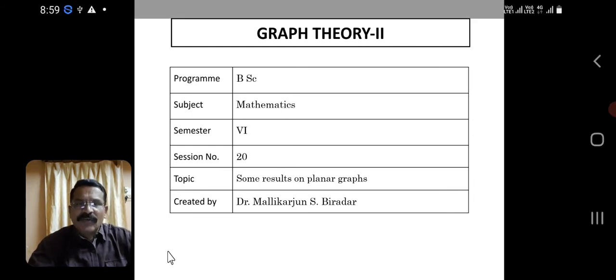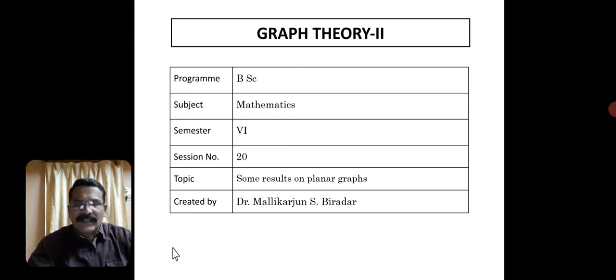So today we are going to discuss some results on planar graphs. Of course, we have discussed many results in the previous class. Along with those, we are discussing some more results. Even in the previous class we have discussed the relation between the number of vertices, edges and regions in terms of P, Q, R. And also we have considered one important theorem that the Kuratowski's graphs, that is K5 and K33, are non-planar.